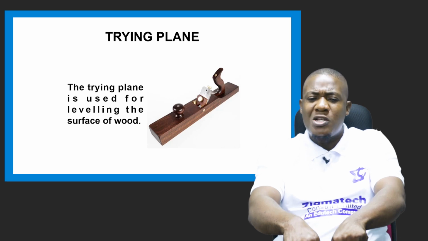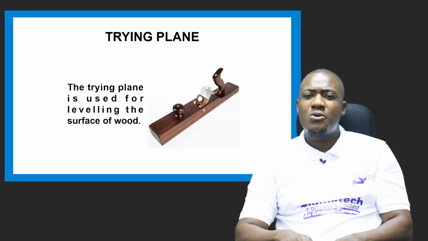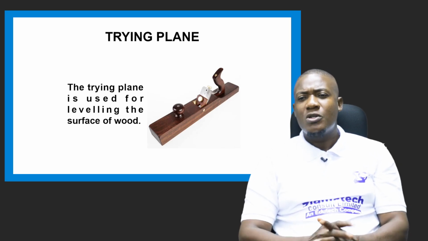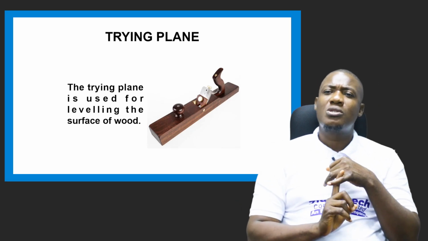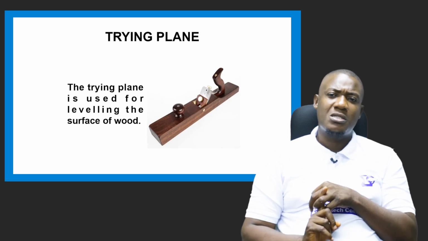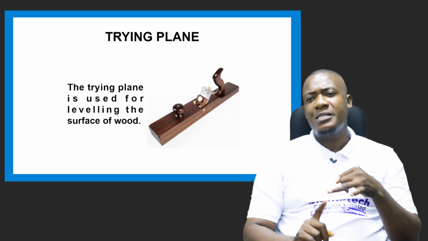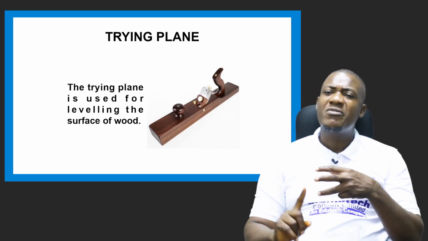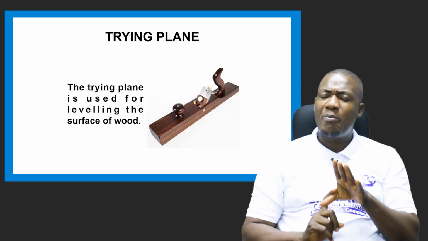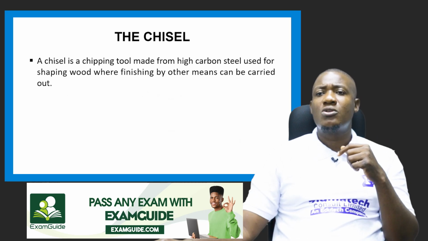Then you know that you're supposed to bring the service of a spokeshave here to be able to remove that particular wood particle. So I need you to take note of these planes and their functions. The trying plane, the spokeshave, the jack plane, the smoothing plane, the fore plane, what they are used for. Very, very important. We'll take note of them.